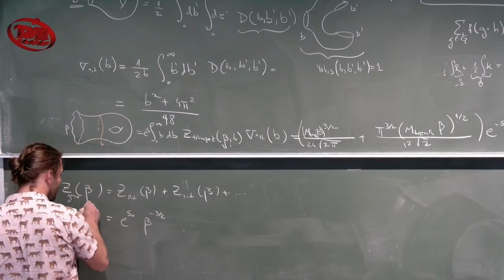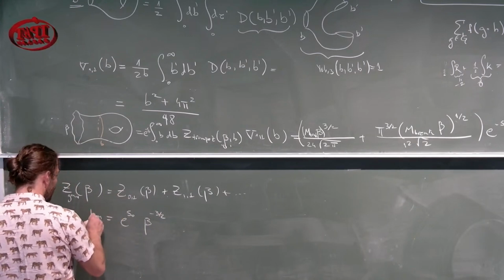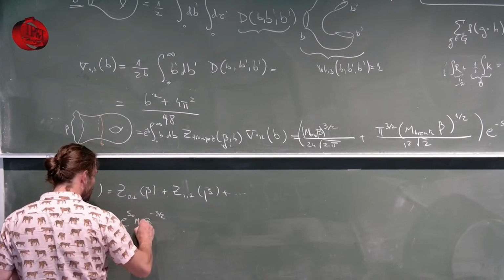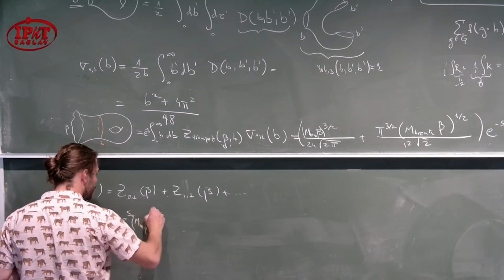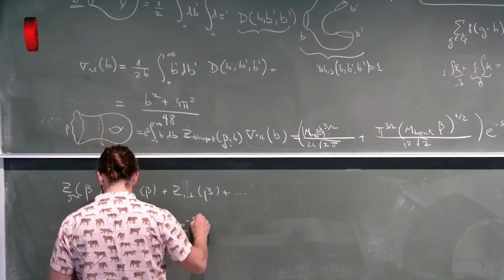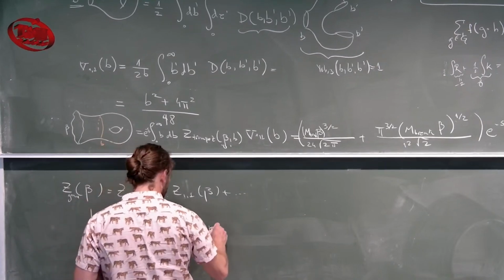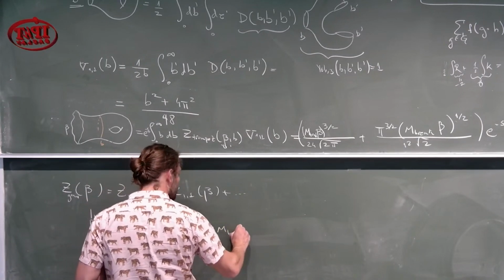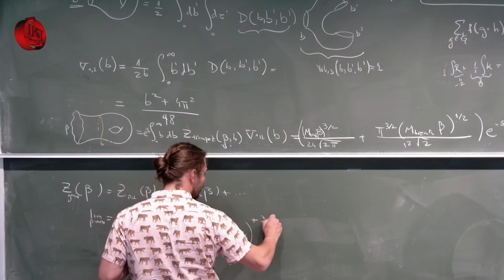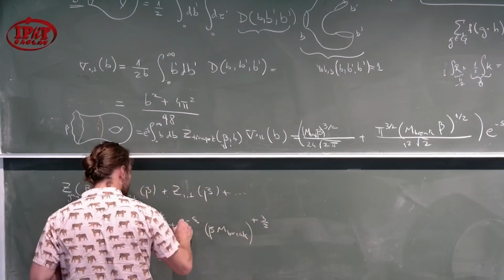So here I'm going to look at what happens when beta goes to infinity. Plus e^{-S_0} beta^{3/2} times order 1 numbers.